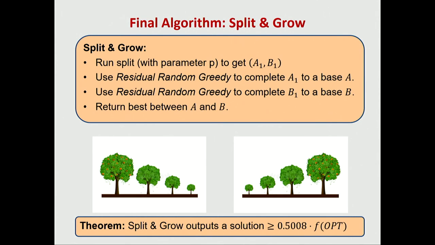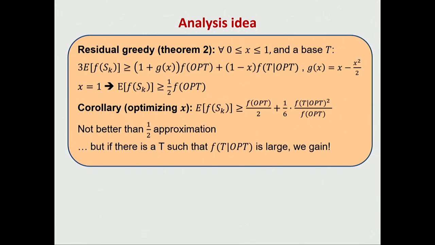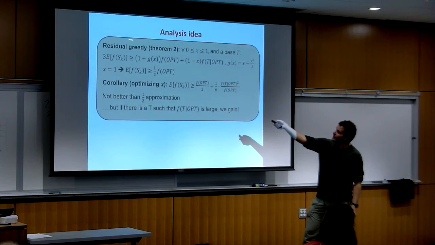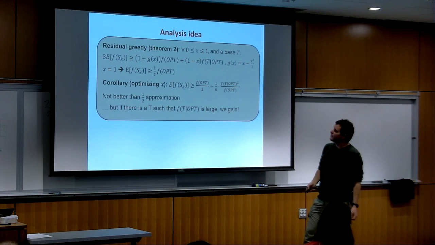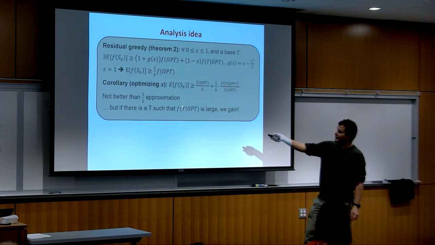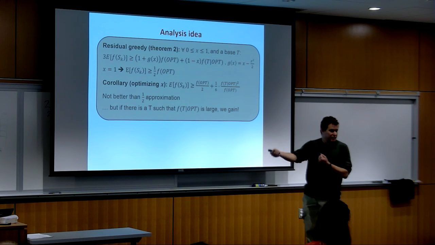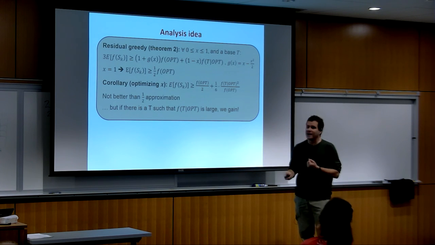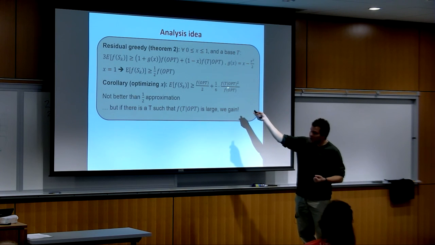So what is the idea of the analysis? The idea of the analysis is that for residual greedy we can prove another theorem that says it will not give you better than half of opt, but if there is another subset T that has a large marginal value with respect to opt, it will actually give you better than half.